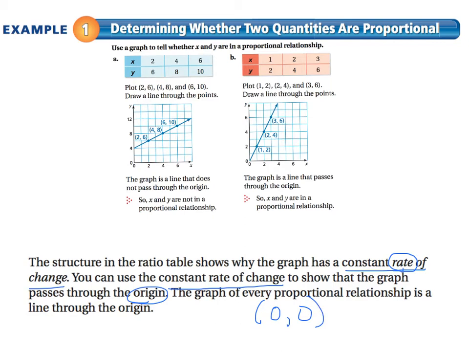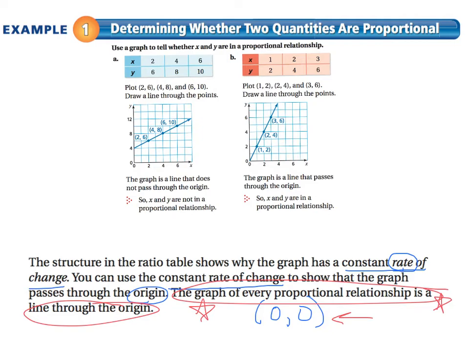The graph of every proportional relationship is a line through the origin. There's your key concept, it's right here, this last sentence. If you want to know if something has a proportional relationship, see if it goes through 0, 0, the origin. If it doesn't, it's not proportional. If it does, it is proportional.